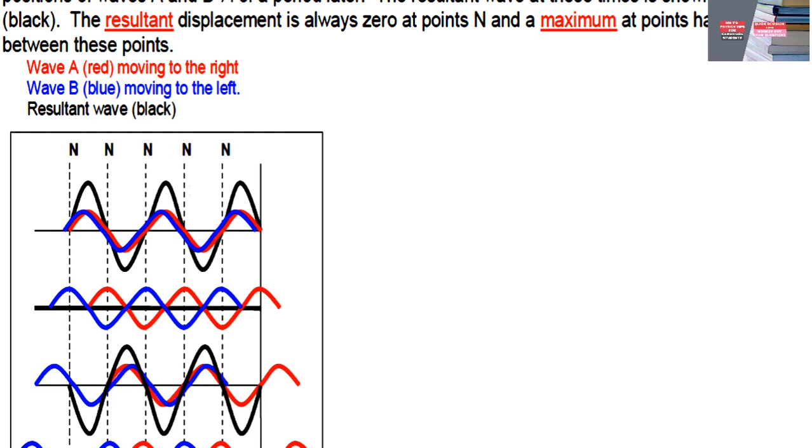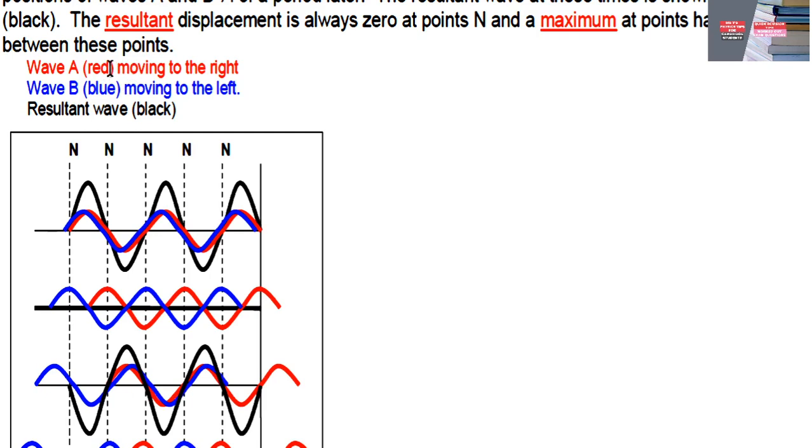The red wave, which is wave A, moves to the right, wave B moves to the left. Each diagram shows the positions of the waves A and B a quarter of a period later. The resultant wave at these times is shown in black. The resultant displacement is always 0 at points N and maximum at points halfway between these points.